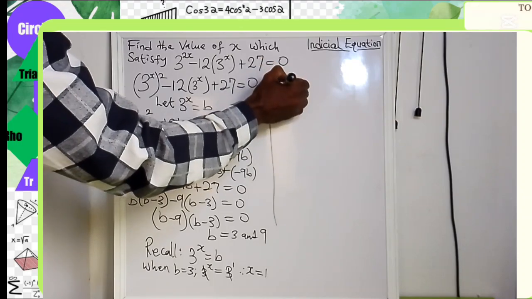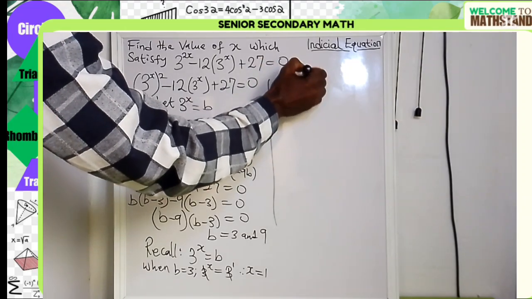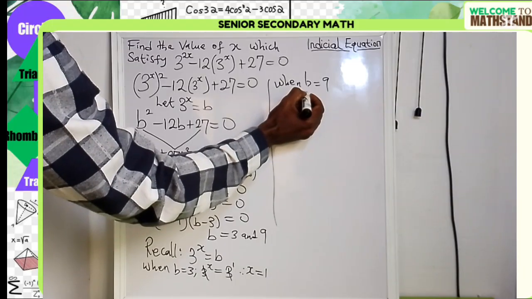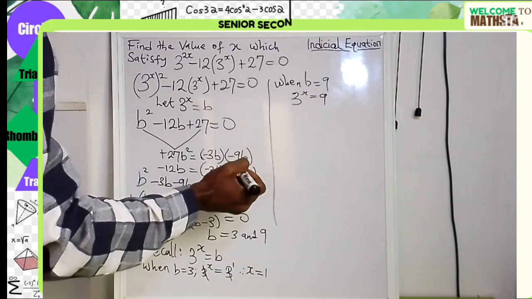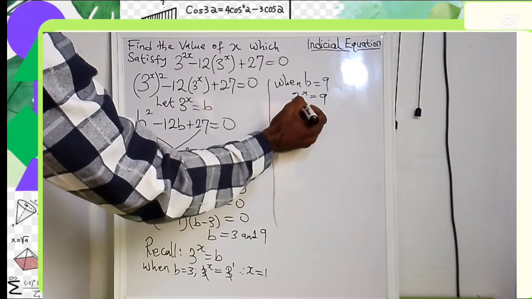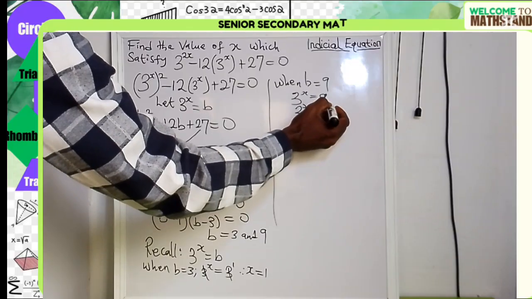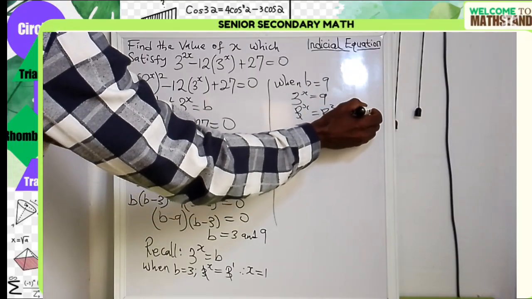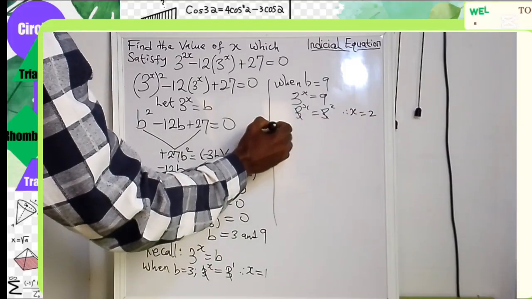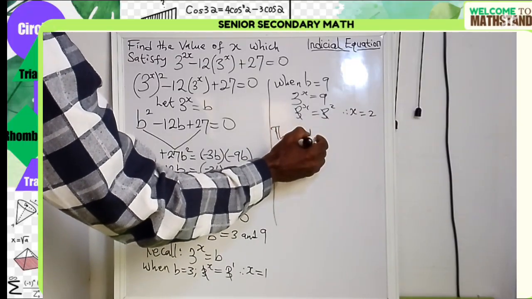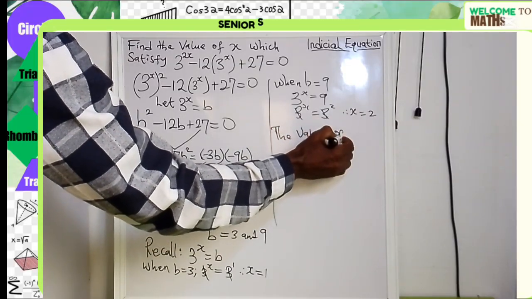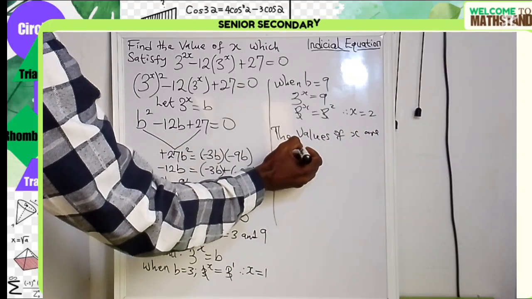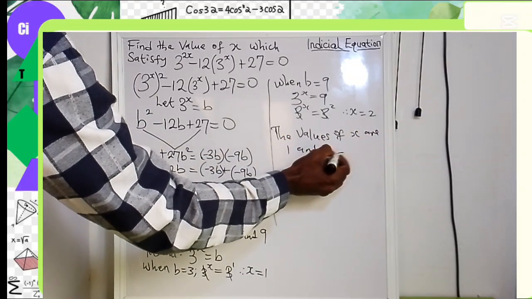When b equals 9, 3 raised to the power x equals 9. Remember 9 is the same as 3 raised to the power 2, so x is equal to 2. So the values of x are 1 and 2.